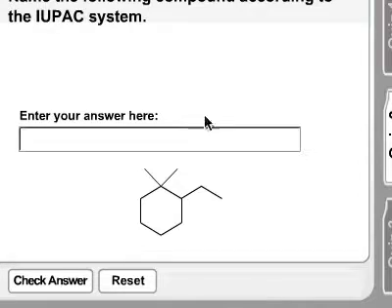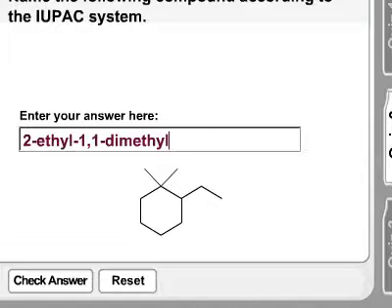So we're going to start numbering from, doesn't matter, as long as I start where one of the substituents is. So I've got a 1 and a 2. At position 1, I've got 2 methyl groups, so it's going to be dimethyl. And then I have an ethyl group at position 2. So since ethyl comes before methyl, I am going to say 2-ethyl-1,1-dimethylcyclohexane.